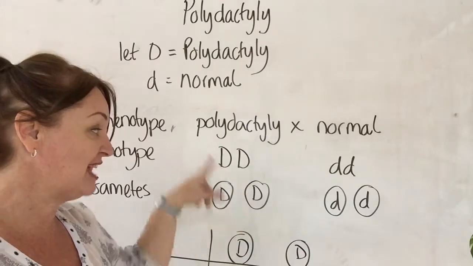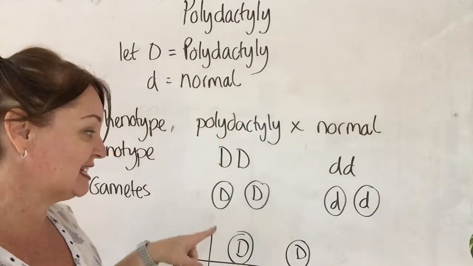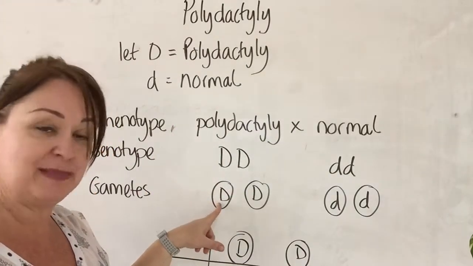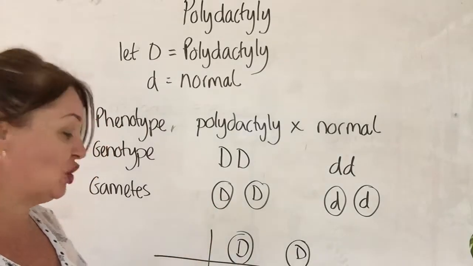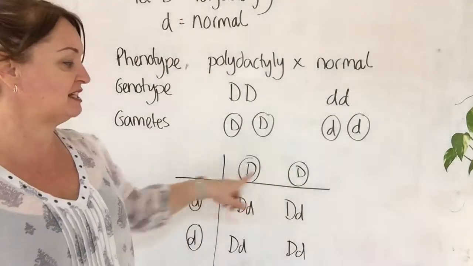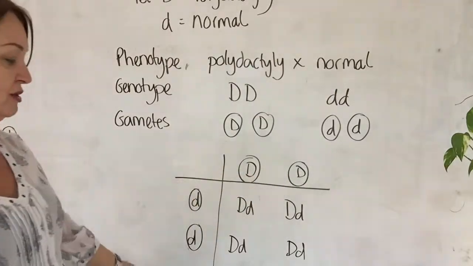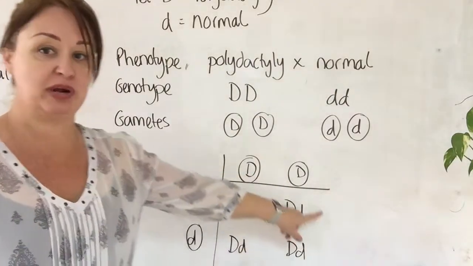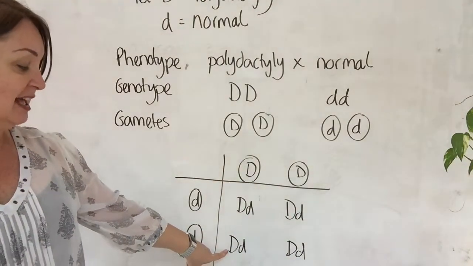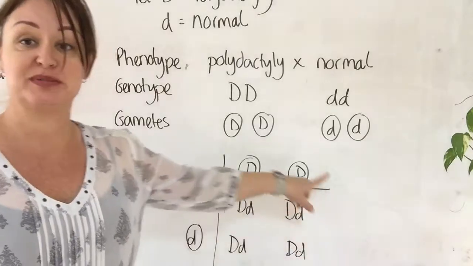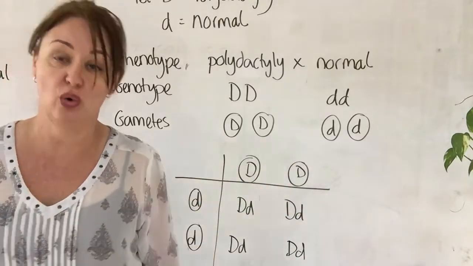Either the sperm or the eggs, whether it's mum or dad, are going to give all their gametes with the allele for polydactyly in it. So when we look at the cross here, we've got our polydactyly person and our normal, and all of the offspring carry the dominant polydactyl allele, and therefore it will be expressed in the phenotype of all of them.